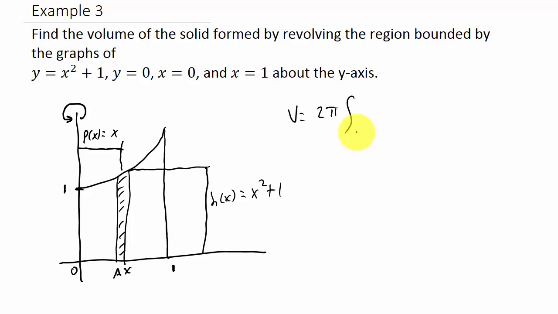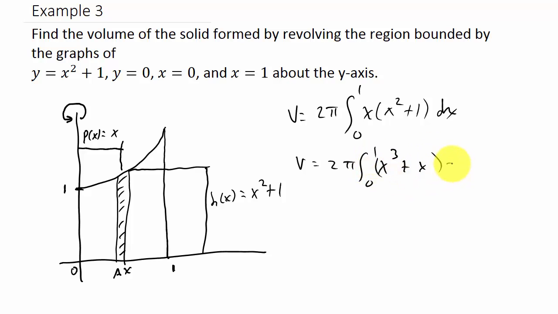Okay, so that's 0 to 1 of the radius, which is x, times the height, which is x squared plus 1, times dx. Alright, so all I did here is I just distributed the x. Okay, so that makes it a lot easier to integrate.